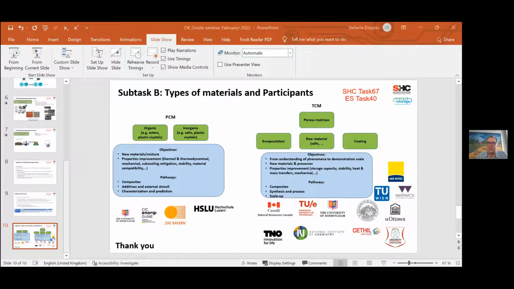Maybe just to add, Stefania said with the last slide that a lot of people are working in TCM. In the past, it was the other way around. I think in the first two phases, we had much more attendance in the PCM field. So it's okay if it's now the other way around. It's fine. Okay, so it's not unfair, there's an equilibrium somewhere.